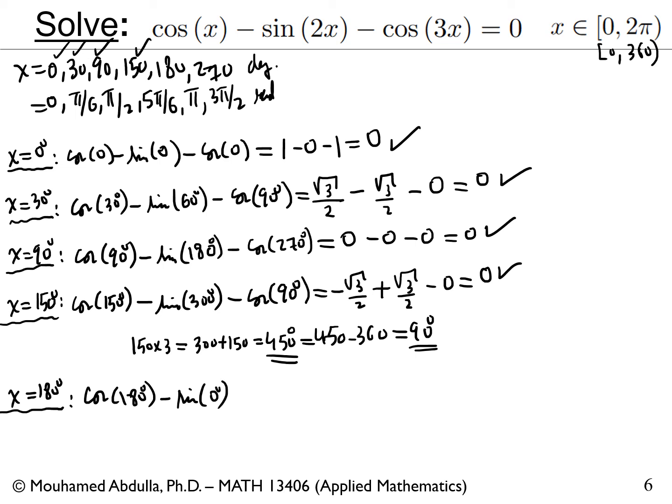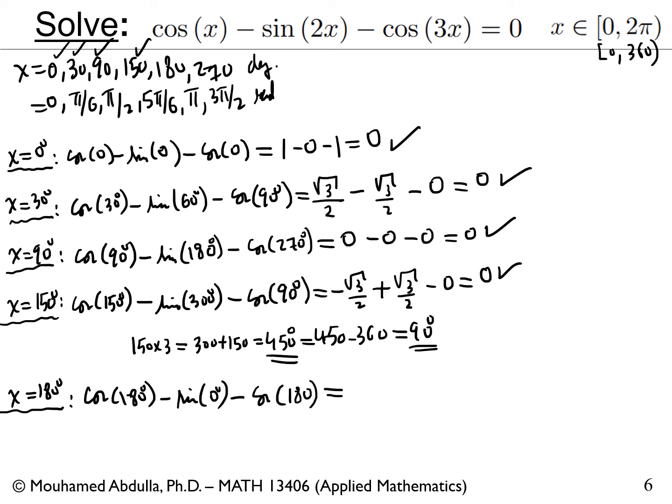Minus cosine of 3 times 180. 2 times 180 will bring us to 2 pi, or 360, which we said is 0, and then we do another 180, so it's just 180. So now what do we have?